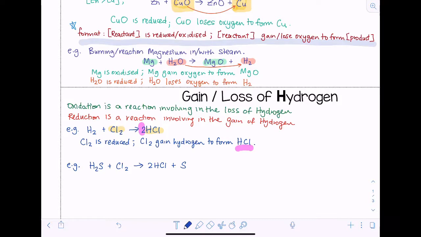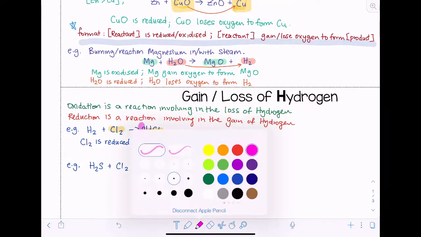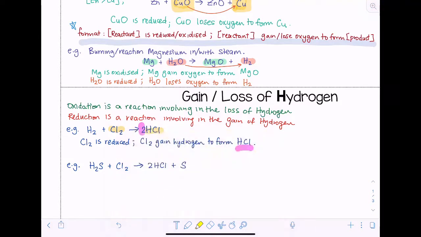Oxidation is basically the loss of hydrogen. So we're going to look at a reactant that shows that it has lost hydrogen. Let's check from the left side to the right side. I'm going to begin with H2S, which is on the left side. On the right side, the S for sulfur is seen as a standalone.